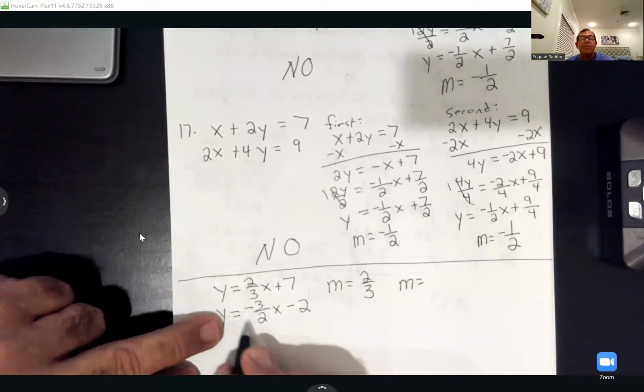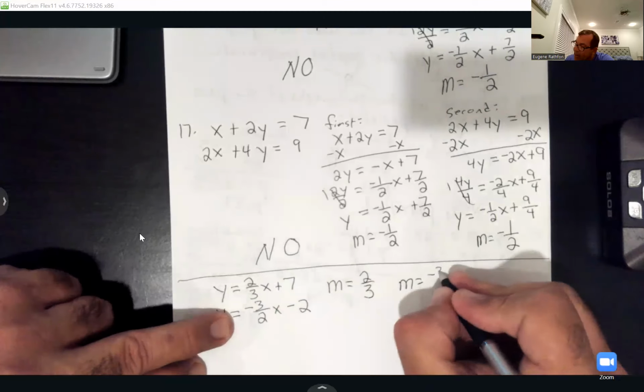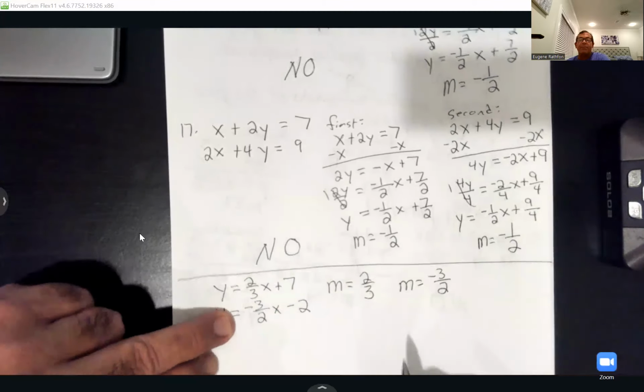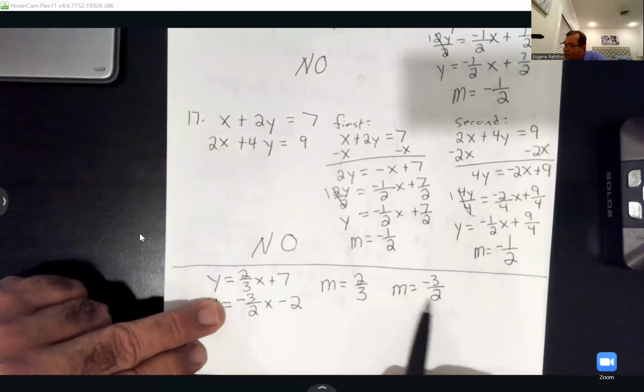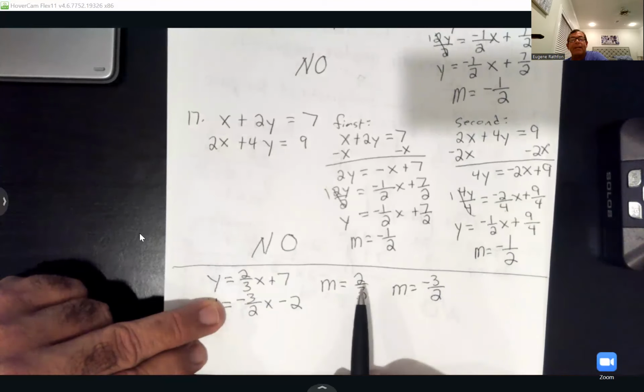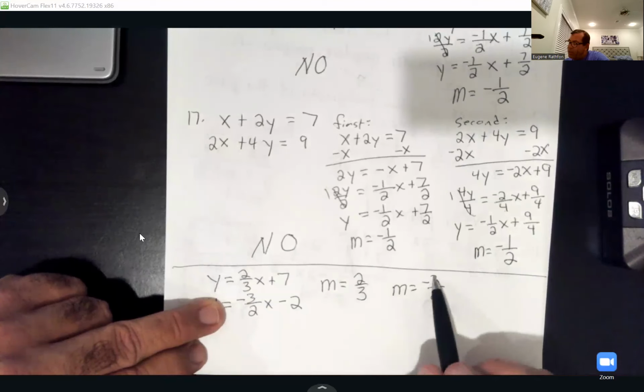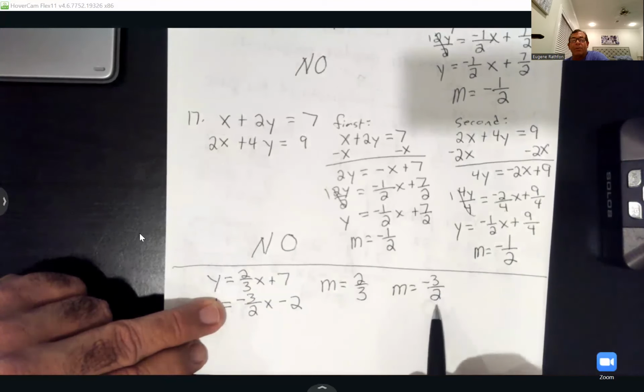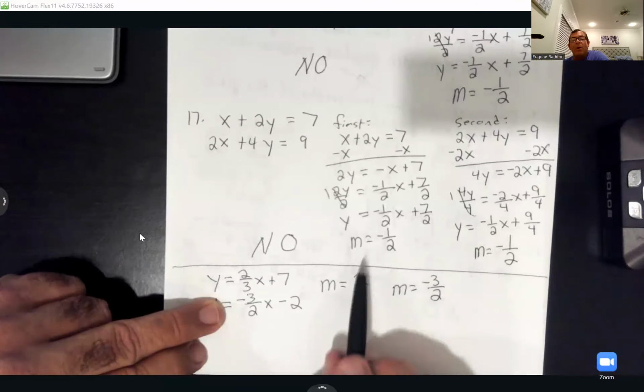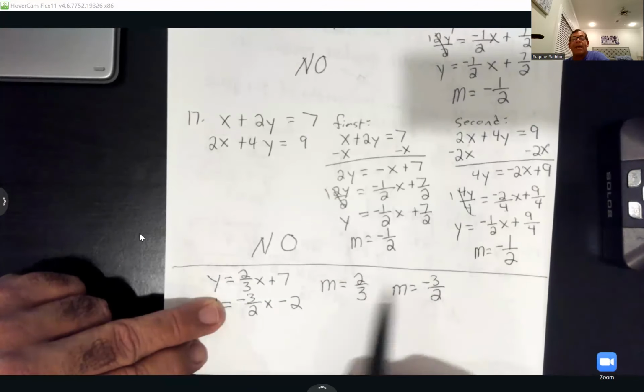The m of my second line would be negative 3/2. So notice how the negative 3/2 is opposite in sign than the positive slope. And this was 2/3. This one's reciprocated. And I get a negative 3/2. Okay. So to be perpendicular, this is what's got to happen.